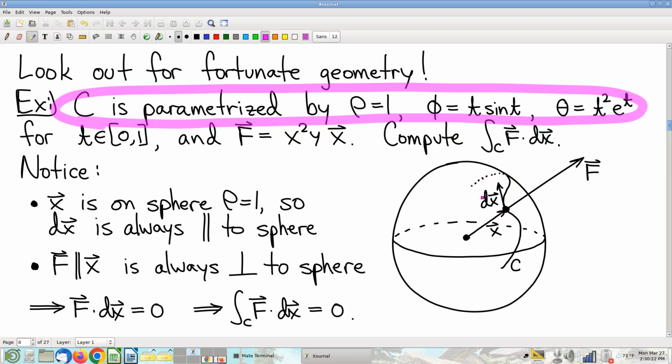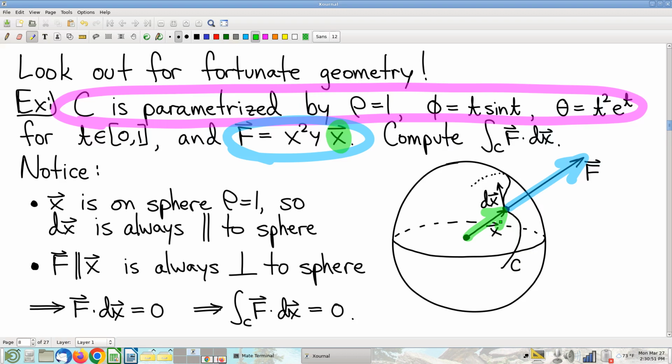Okay. Now let's look at the vector field. The vector field we're given, here it is. There's the formula. And notice it is always a scalar multiple of the position vector x. And there's something really valuable to notice about the position vector. Notice that my curve has rho equals 1 everywhere.